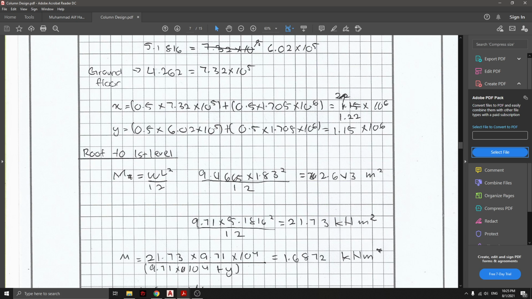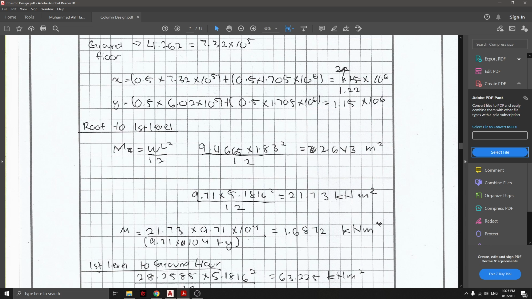So 1.15 times 10 power 6 for X, 1.22 times 10 power 6. And then roof to first level, from the M 2.643 to 121.73.